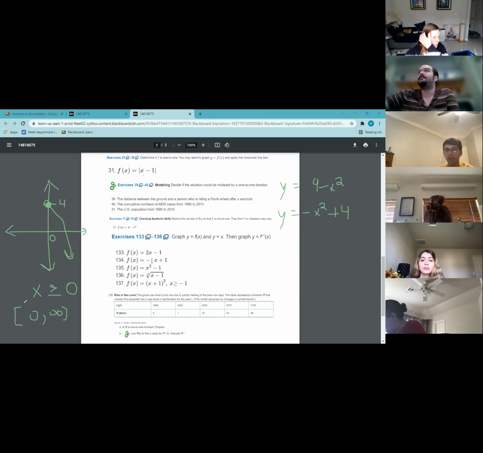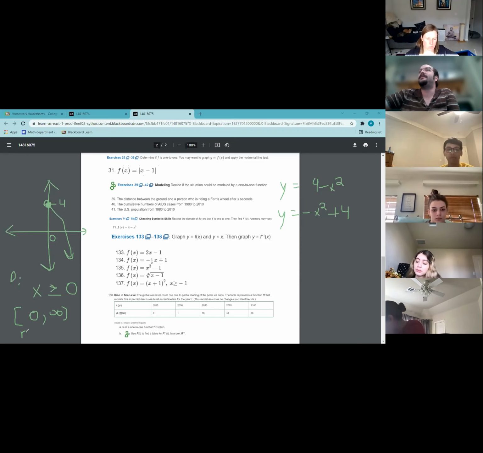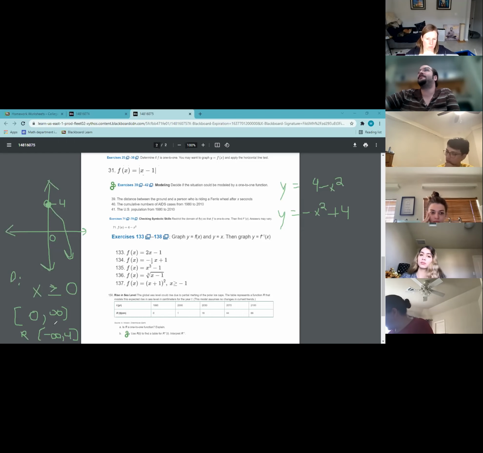But how about the range? The range would be minus infinity to 4. That's it. Which might be good to talk about, because when we do our inverse, we're going to basically just flip these things, right? Yeah.